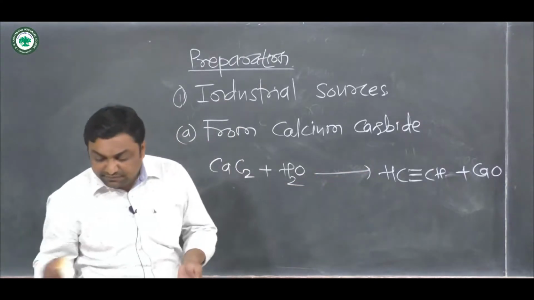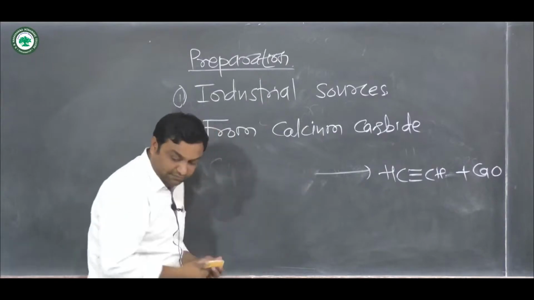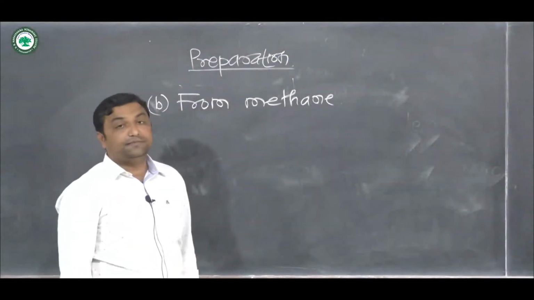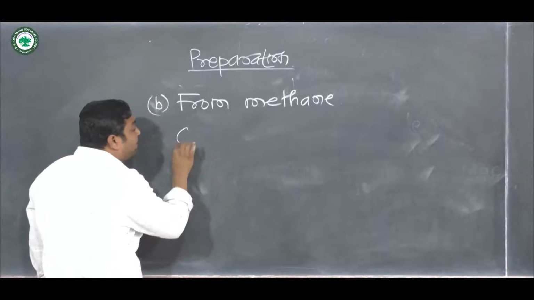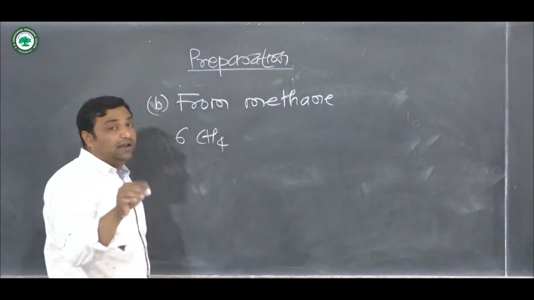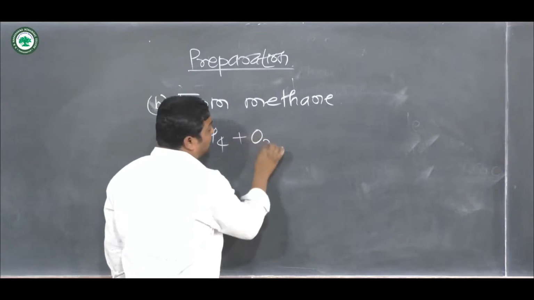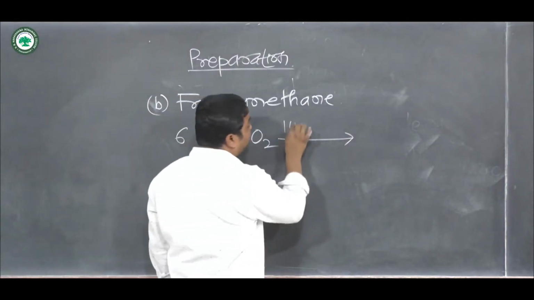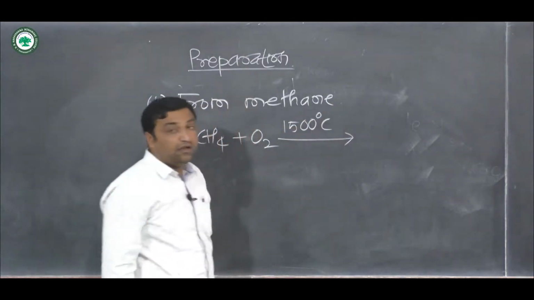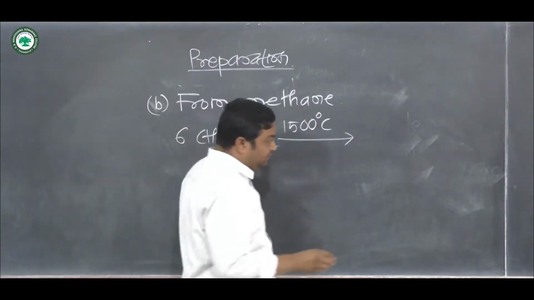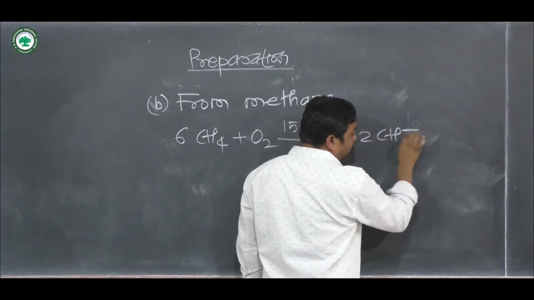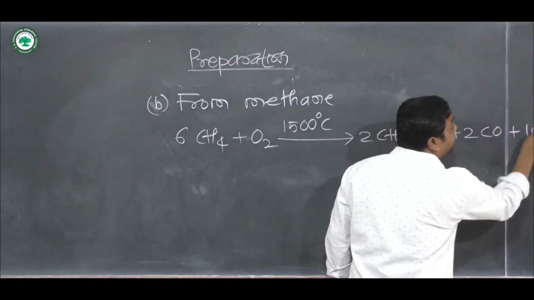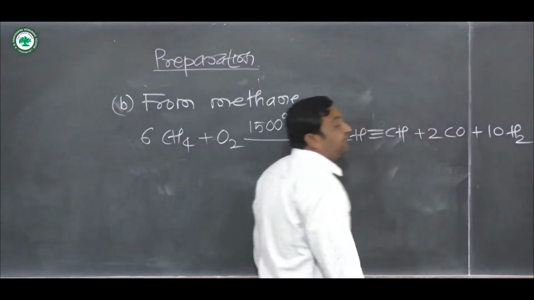Now the next reaction is from methane. When this methane molecule undergoes air oxidation at 1500 degrees Celsius, we obtain the acetylene molecule with the formation of carbon monoxide and liberation of hydrogen gas.